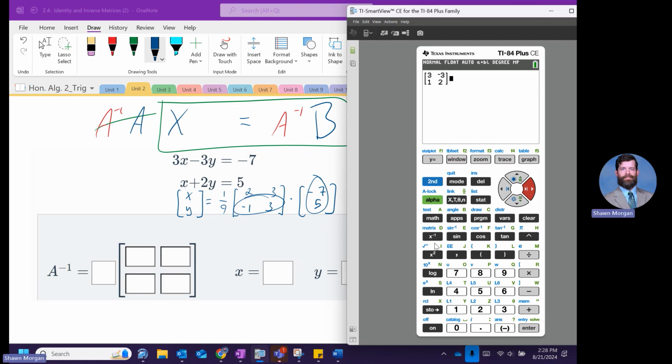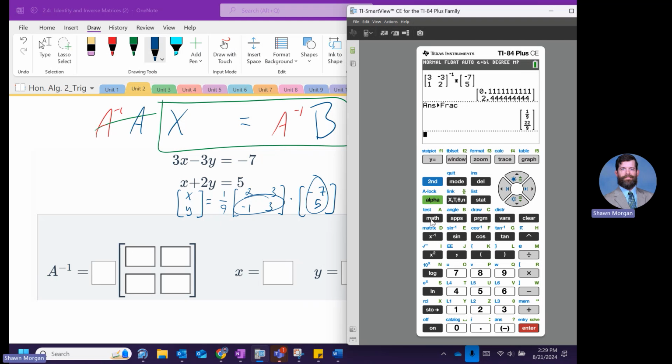Then I'm going to hit my inverse button, and then my times. And then what's B? Is a 2 by 1. Yes. And so we'll do, what is it, -7.5? Now I've got some ugly numbers. Math enter. And there we go.